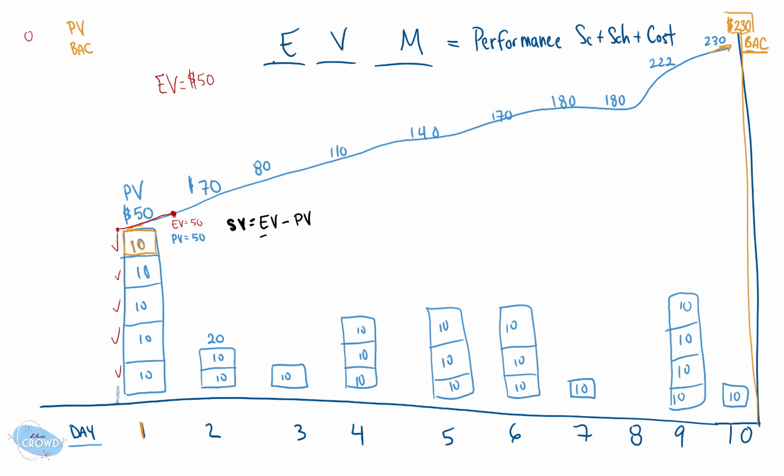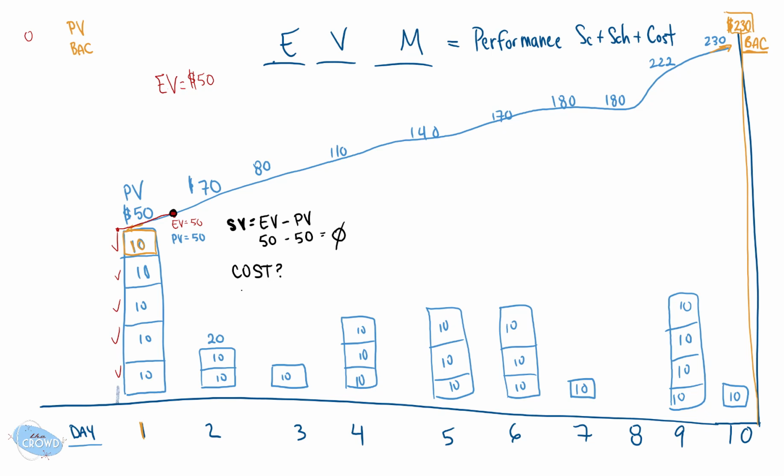In this case, we have 50. We planned on 50, and there's no difference. There is no variance. That is also noted because there's no space between the red line and the blue line. There's no variance. Now, can we do the same for costs?